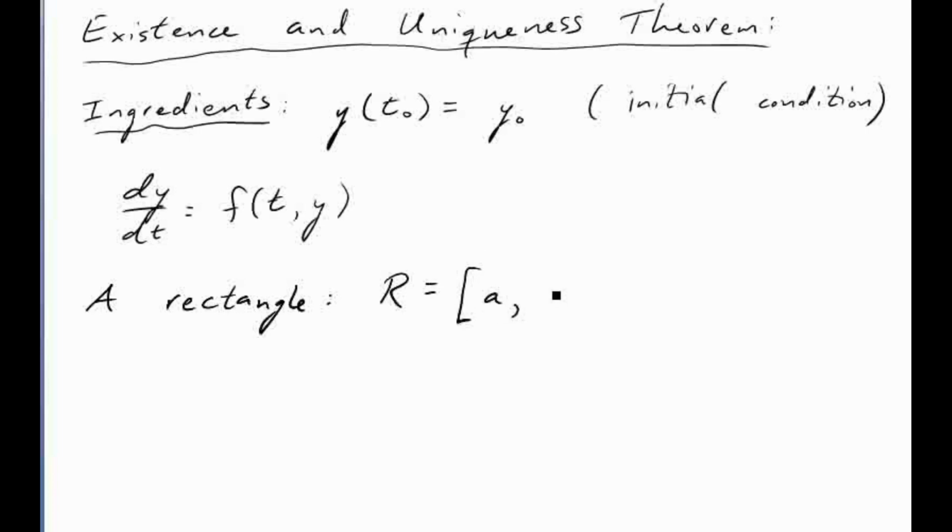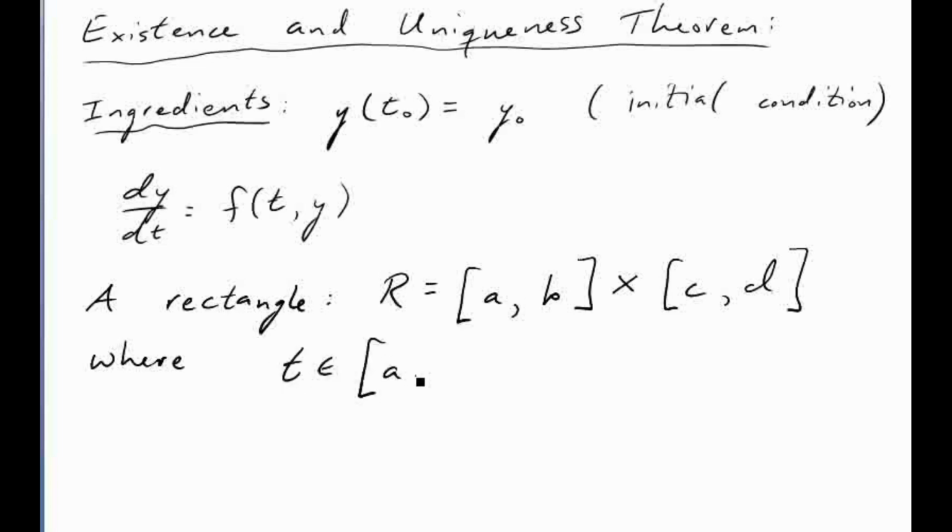So we'll say a to b cross c to d, where t naught is in the first part, and y naught is in the second part. So I'll draw a picture of this in a second so it can make more sense.